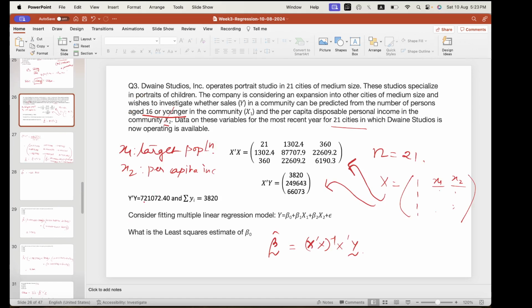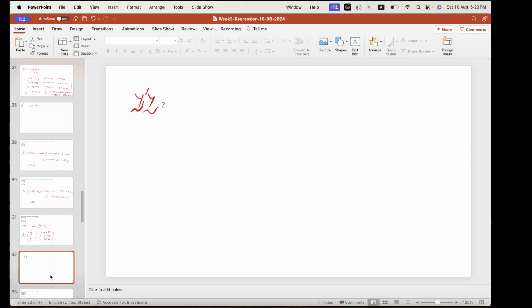This is 721072.40. Y transpose y is given.